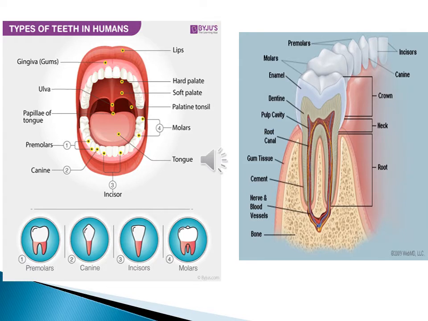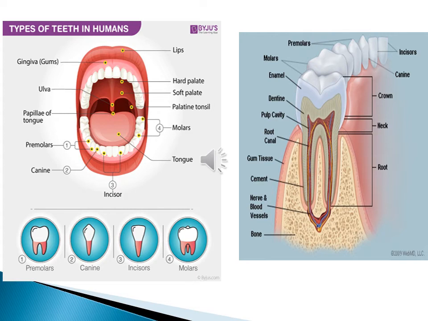In this slide you can see I have put pictures of human teeth. You can see where the incisor is present, where canine, and where premolar and molar are present. So if the teeth set comes as a diagram in the exam, you should be able to identify it. And on the right side I have put one tooth structure.